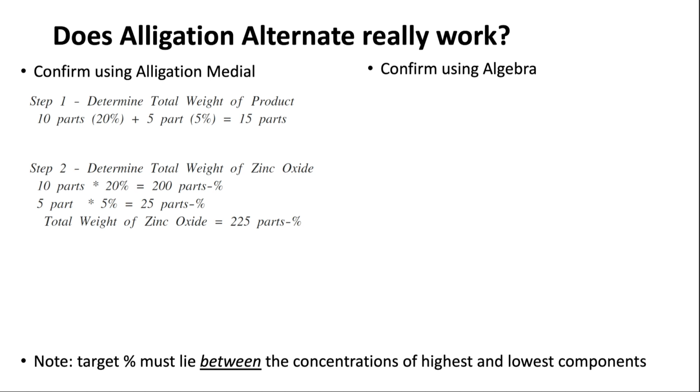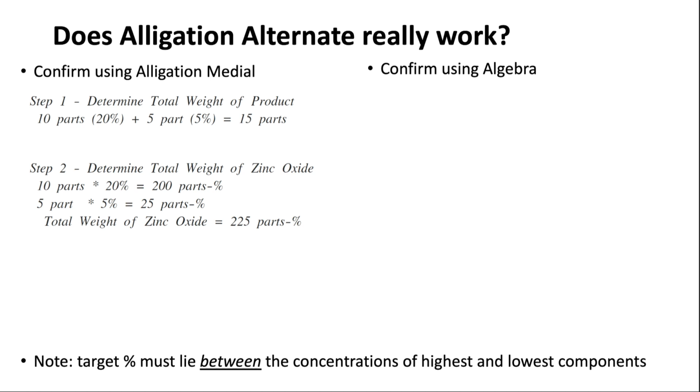And since our units don't cancel, we'll just combine the units into parts percent. So 10 parts times 20% gives us 200 parts percent. All right. Let's do the same thing for the 5%. We said 5 parts out of the total weight was going to be the 5%. So 5 parts times 5% gives you 25 parts percent.